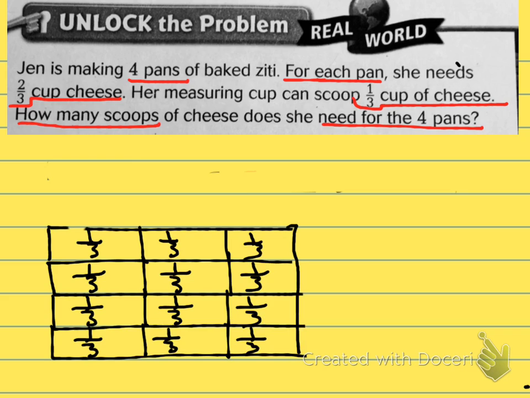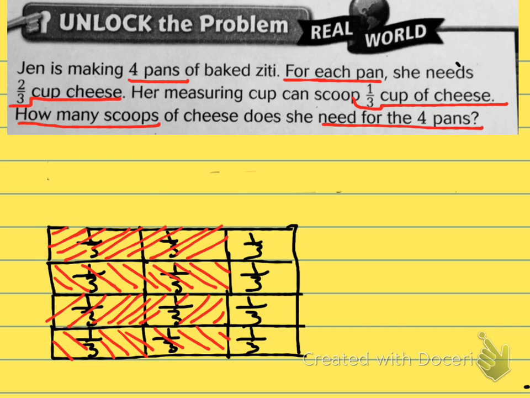Now, this is the number of cups of cream cheese I need. Let me go ahead and mark those. All right, boys and girls, so what I did is I used just a shading, and I used a chevron pattern, diagonal lines going back and forth. So the first thing is I'm going to think of my first pan. I have 1 pan.